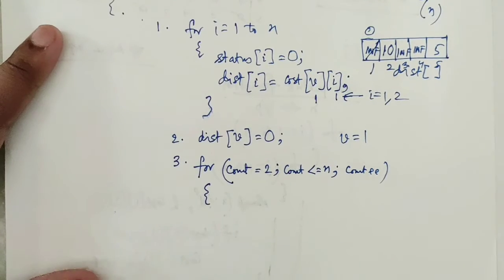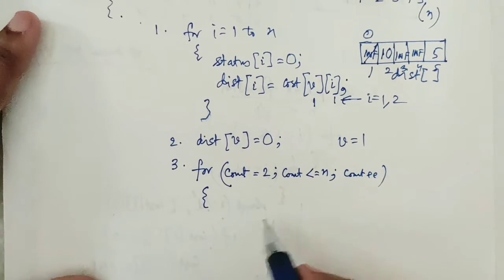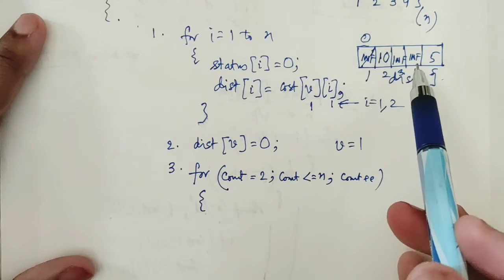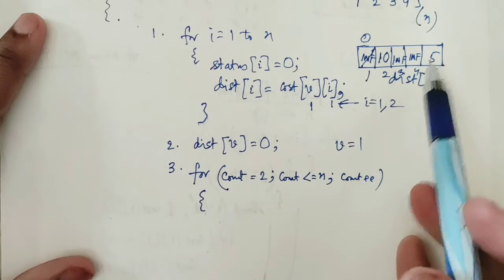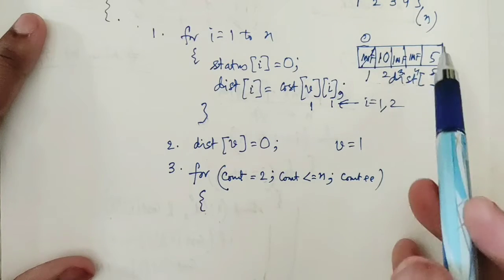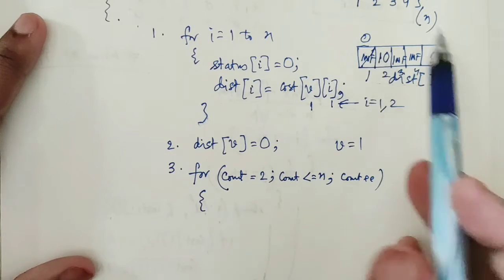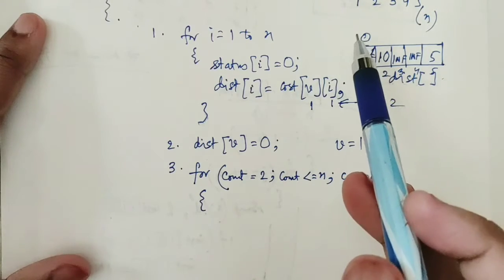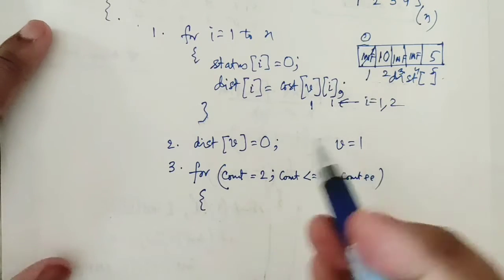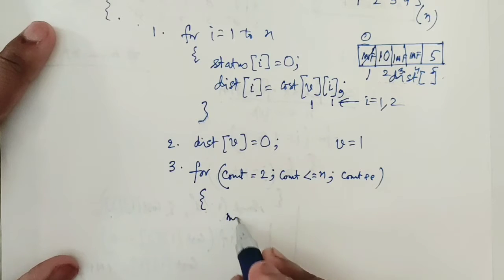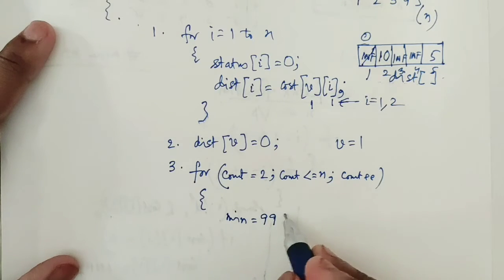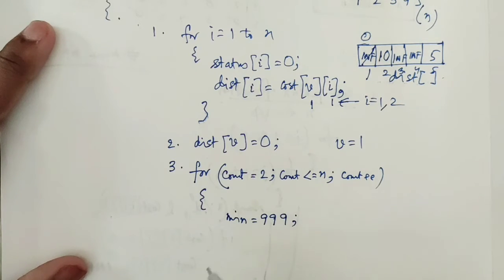So now you have to identify from the list array which one vertex needs to be explored first. That means you have to calculate the minimum value from this array. So there should be a minimum value identification procedure. Let min be a big value, 999, like infinity, because some value needs to be set for comparison.